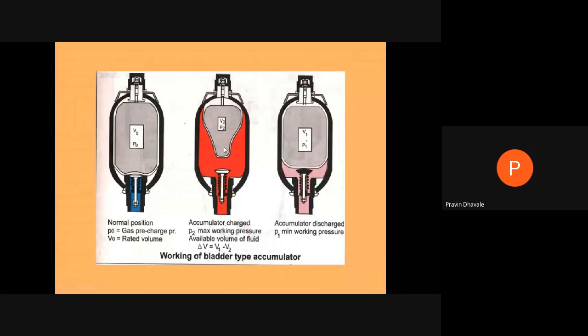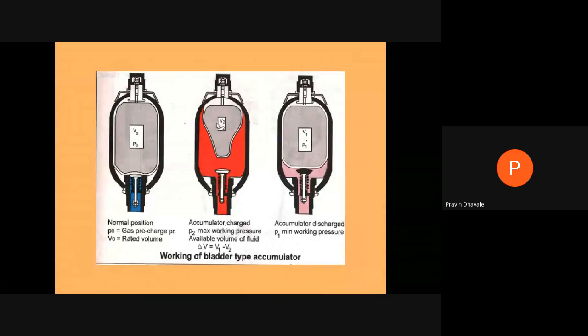Now, what are the limitations? The pressure exerted on the fluid is not constant and goes on reducing as the bladder goes on expanding. As we saw in the previous types of accumulators, only the ram type or deadweight type accumulator provides constant pressure with a higher volume.